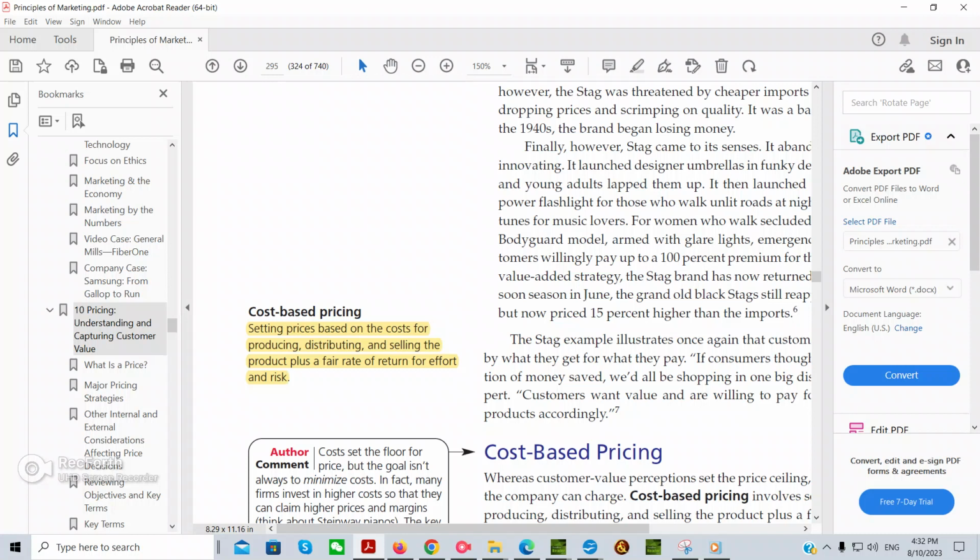The second part of it is what's called the fair rate of return. It refers to the markup or the profit. So suppose it costs, for example, $100, right? You say, okay, I want to make more than $100. That's just breaking even, meaning there's no profit, no loss.